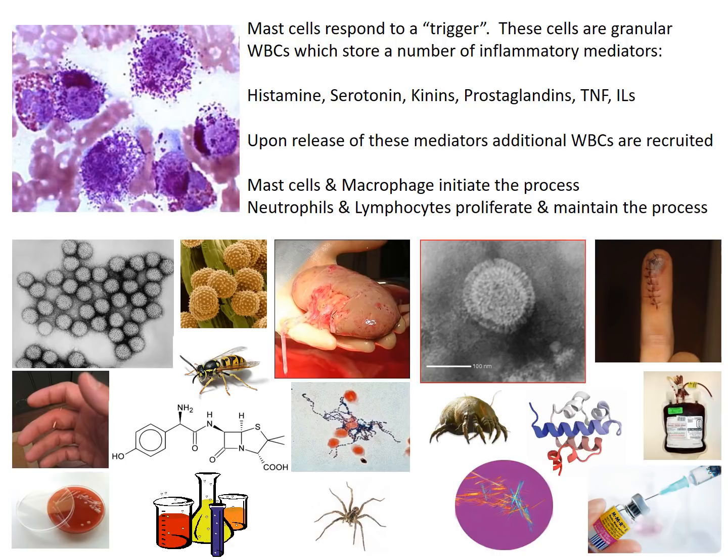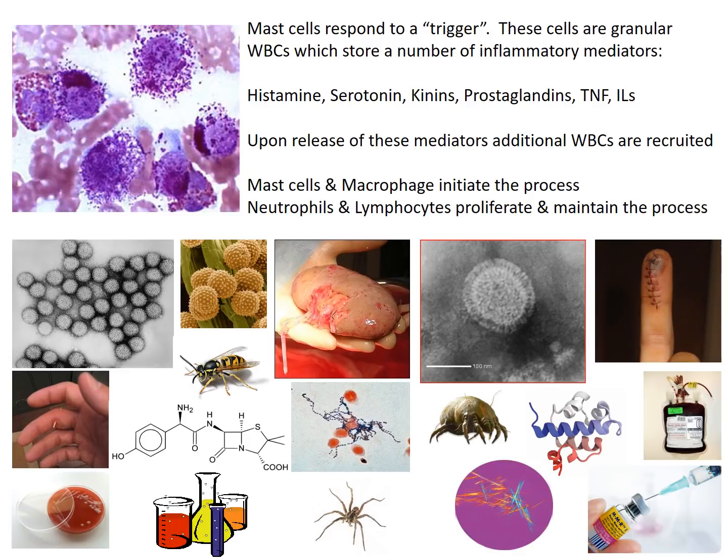A lot of the inflammatory process begins with the mast cell. A mast cell is usually the first type of cell to respond to the trigger. Mast cells, a specific type of white blood cell, can be found in tissue as well as in the bloodstream, and they are very granular. They have granules within their cytoplasm, loaded with different chemicals, and these chemicals are referred to as inflammatory mediators.